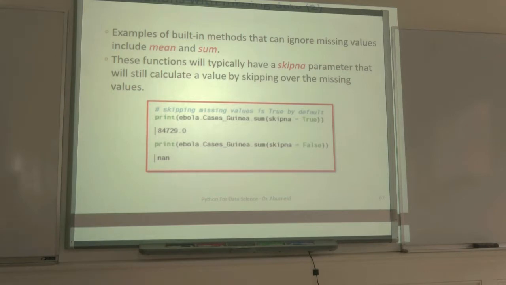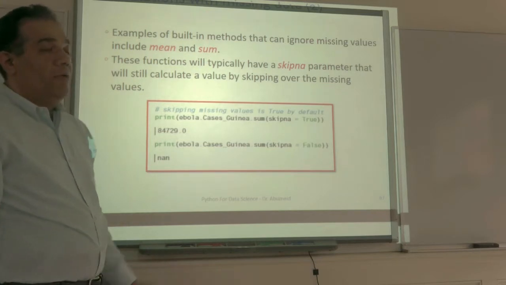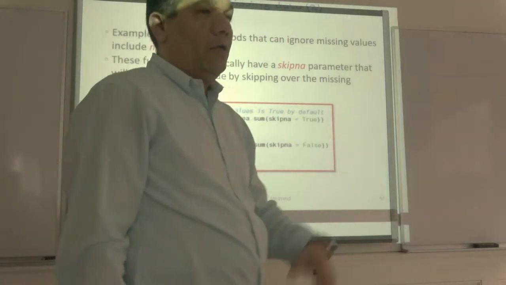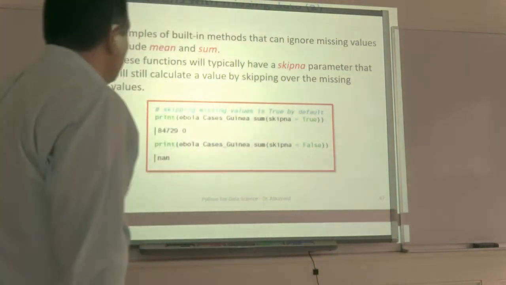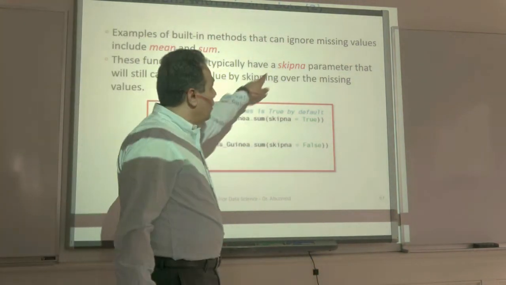There are built-in methods that can ignore missing values. Sometimes you have missing values, but you need to ignore them. For statistics like the mean or the mode, you need to ignore the missing values. So you have to use skip.